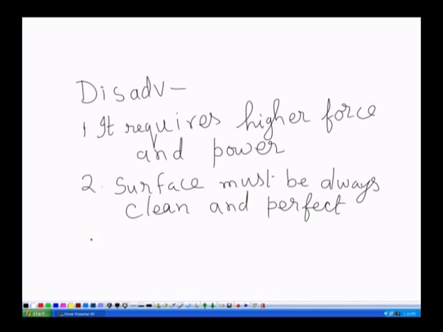Third one, that is a very necessary one, it has some limitations due to strain hardening.